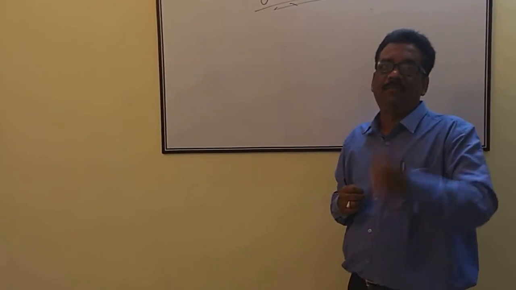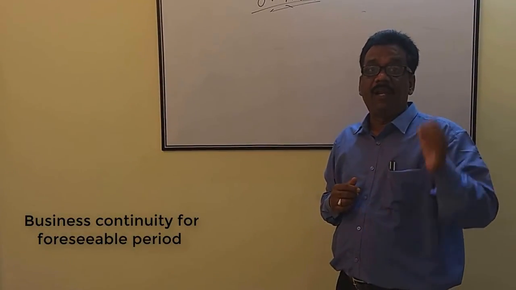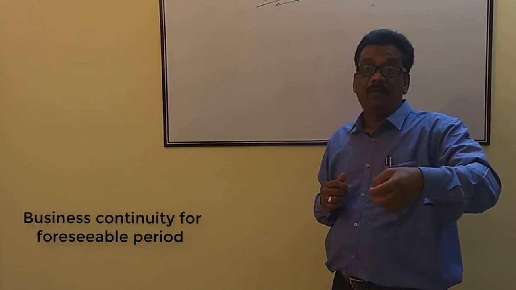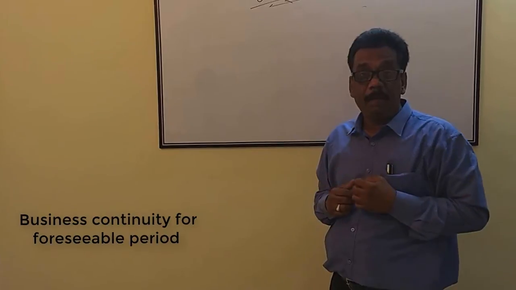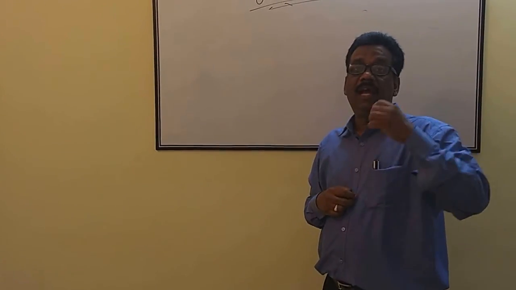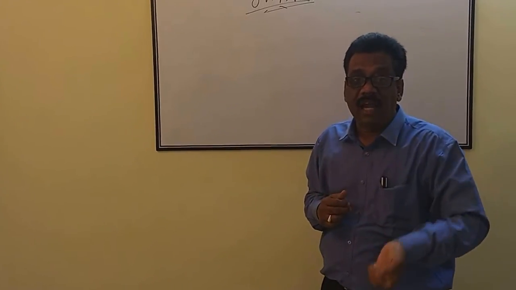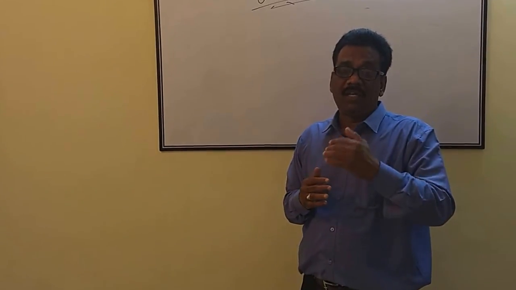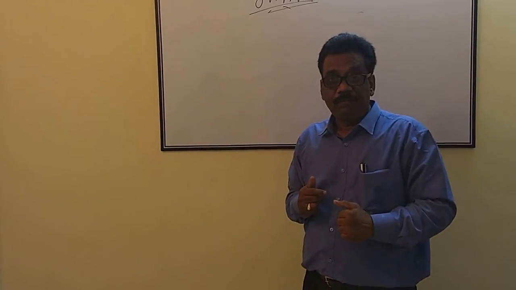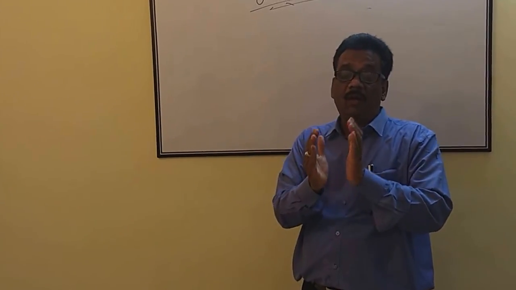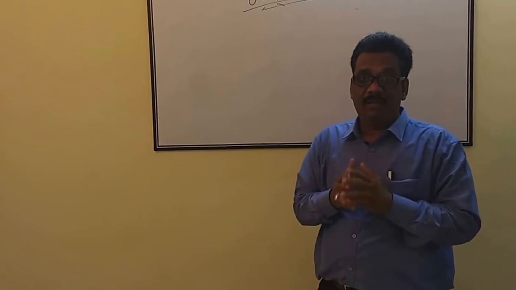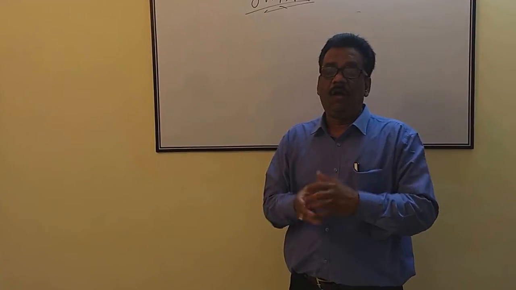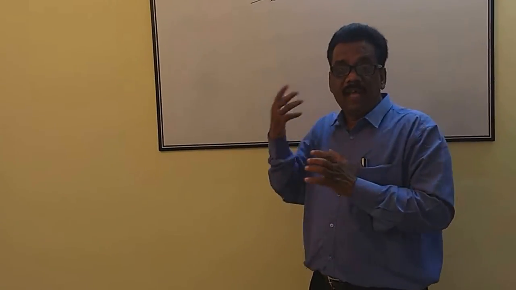Then going concern. Going concern is an assumption that the business will continue for a foreseeable period. So while recording the transaction, accounting assumes that the business will continue. To understand this concept, whenever a particular accounting period is considered, the accounts are assessed for that period to derive the results of the business.